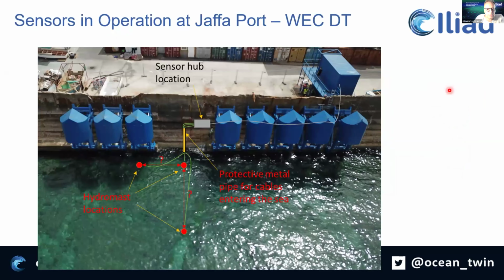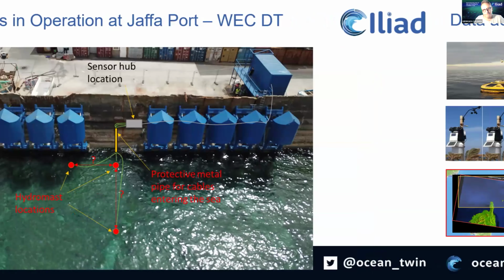Another system is here. We have the wave energy converters at Jaffa port, and we have the deployment of hydromasts at the bottom of the sea. In this wave energy converter, now they have also deployed two other wave riders. So they are testing the capacity of hydromasts to record effectively, efficiently and accurately the waves. So there is a calibration taking place, which is extremely important in the case of these low-cost systems.